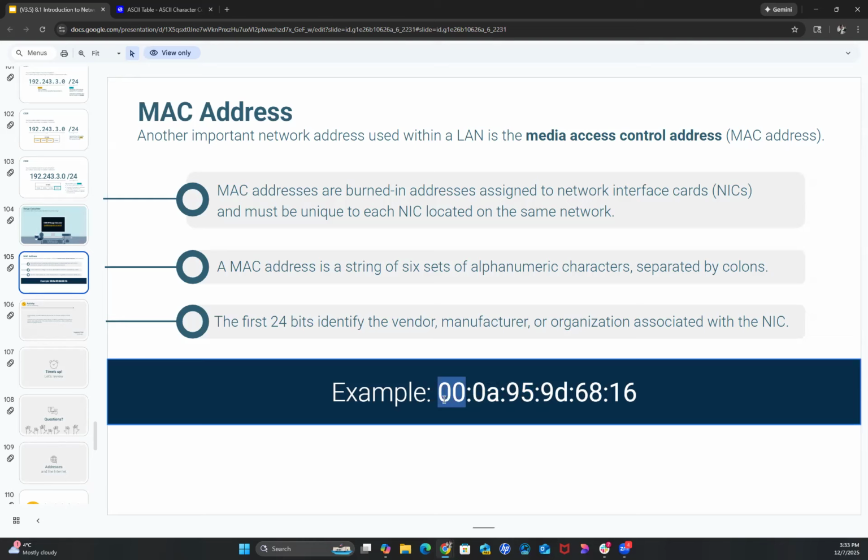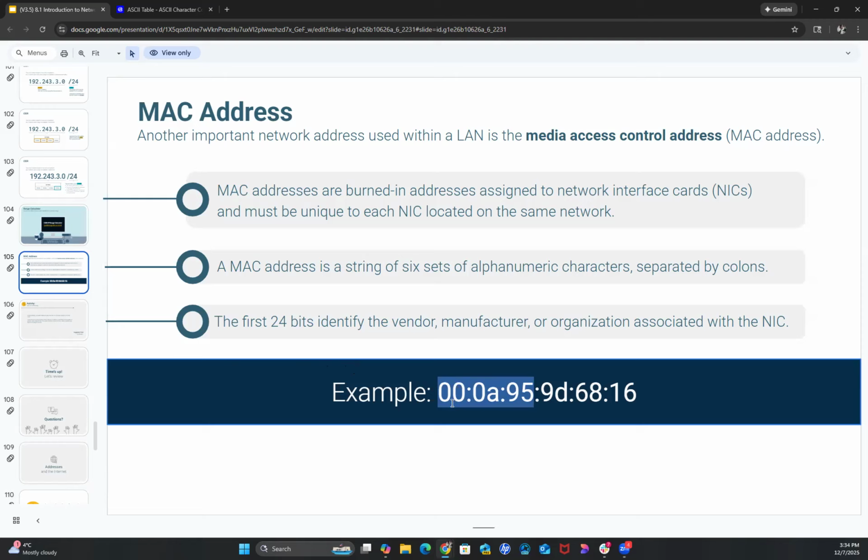Because this is 8 bits, this is 8 bits, this is 8 bits; we know one octet is 8 bits. The MAC address of a NIC card is 48 bits, so the first 24 bits identify that this address indicates an Apple NIC.